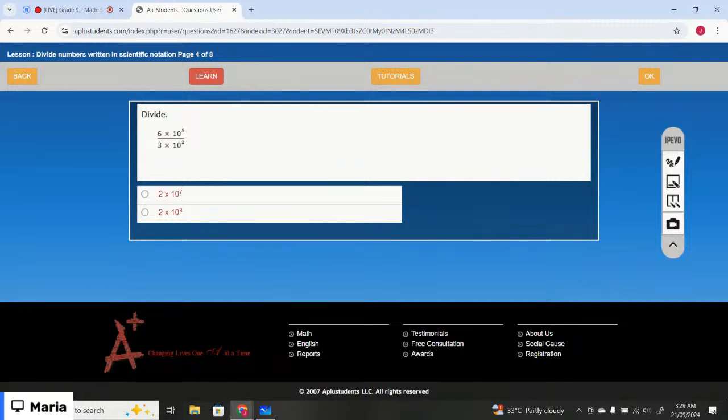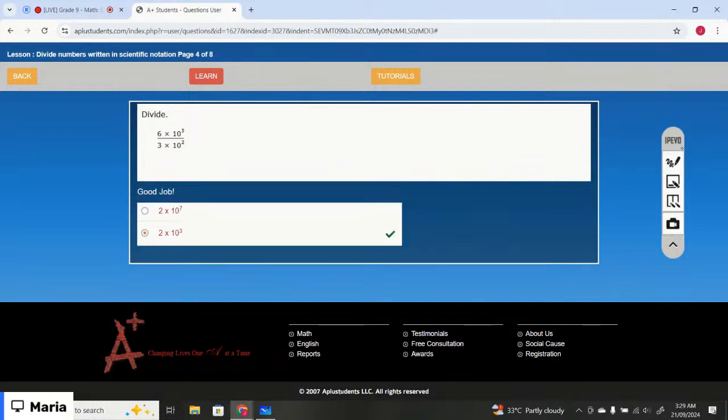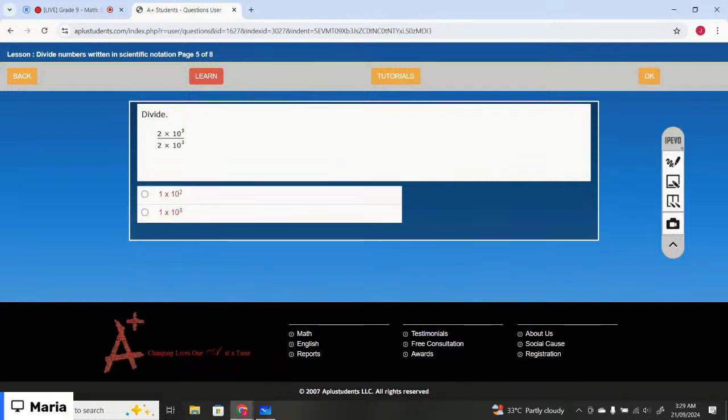The correct option is 2 times 10 exponent 3. You have to subtract the exponents when you are dividing with the same bases, right? The next one is 2 times 10 exponent 5 divided by 2 times 10 exponent 3. So which is the correct option?